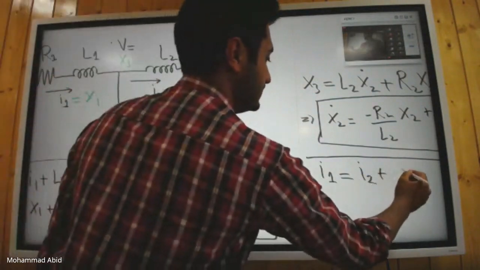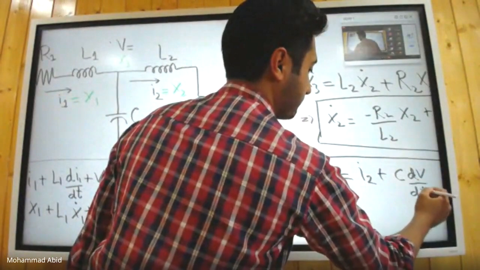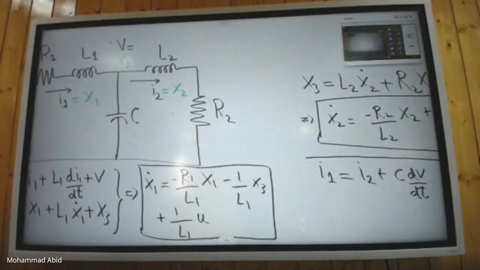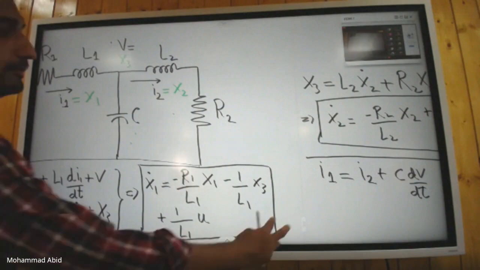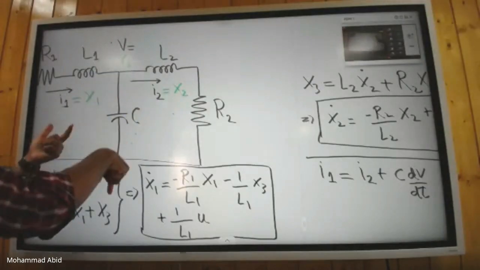That is equal to C dV by dt. Is it correct? Yes, sir. I1 is the sum of I2 and this current.